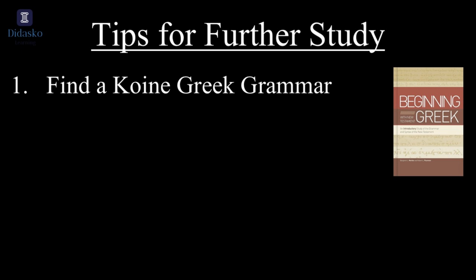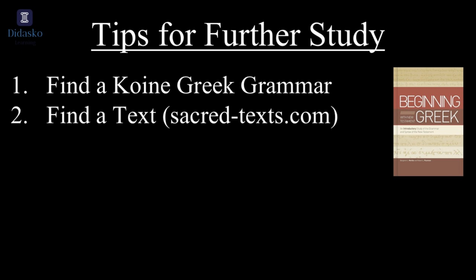The second tip is to find a text. And again, the New Testament, there's a plethora of resources associated with that. And so the Gospel of John in the New Testament is some of the easiest Koine Greek that you can find. And so there are websites like sacredtext.com.